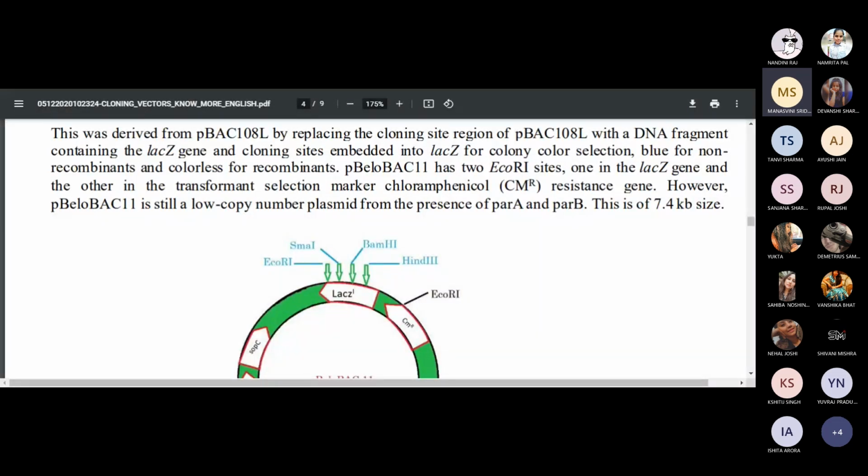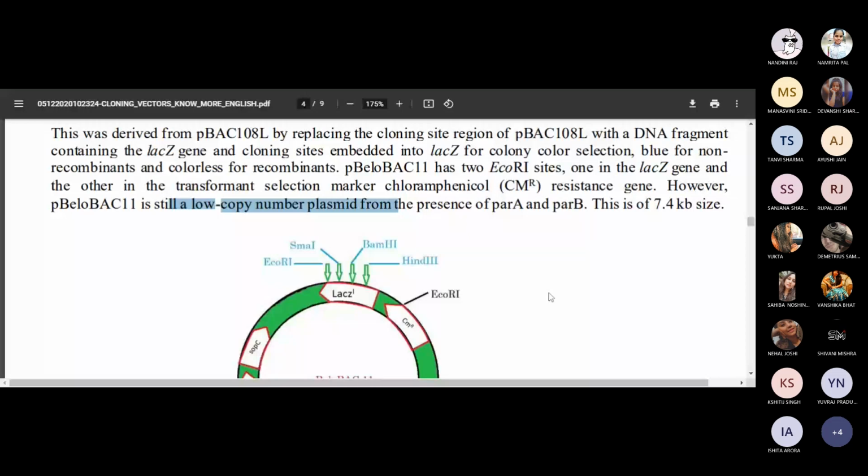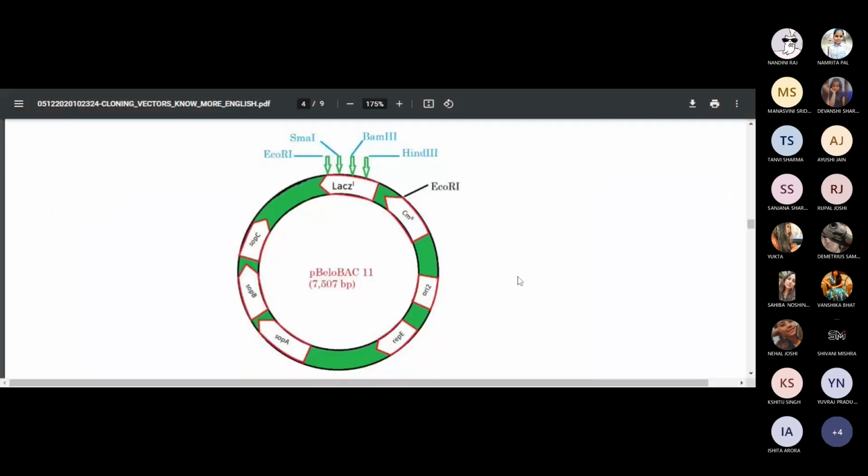Okay, so this is the vector, and there are some drawbacks here also. The drawback is copy number. This is a map of pBeloBAC11. You can see that the lacZ gene is there, and within this lacZ gene we have EcoRI, SmaI, BamHI, HindIII.